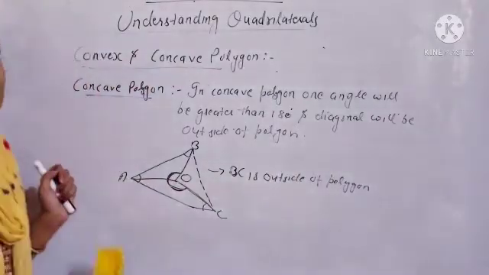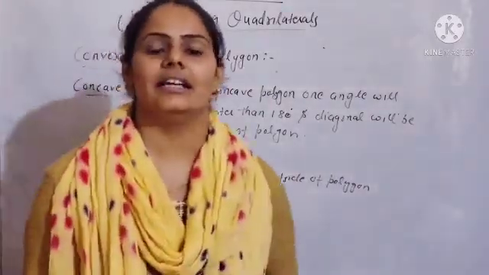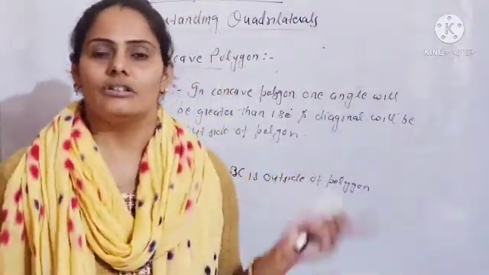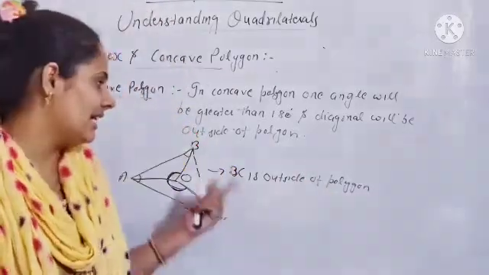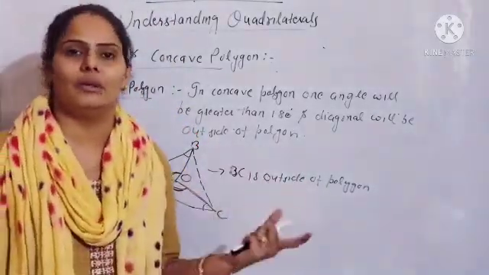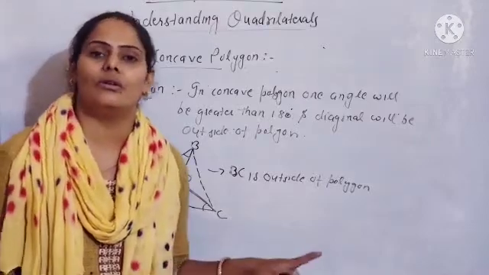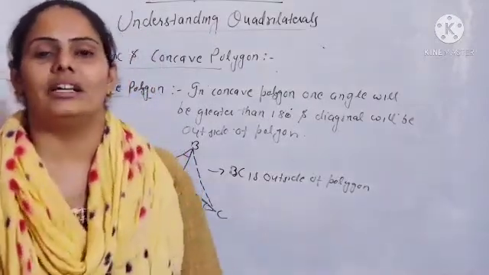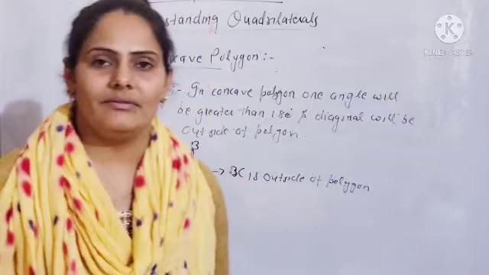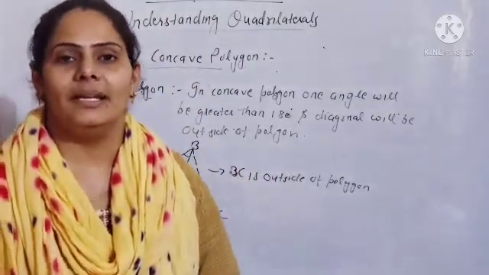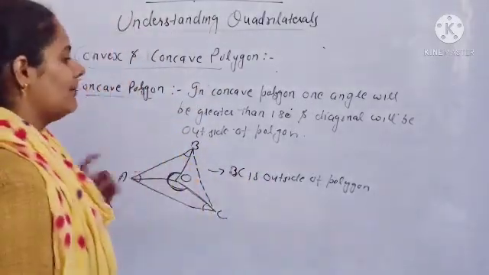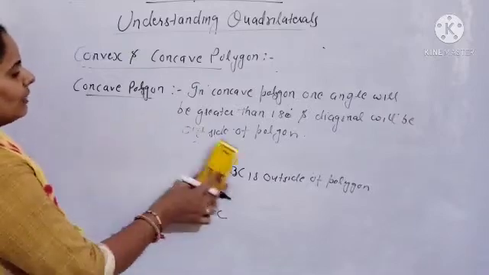So you can say if any one angle is greater than 180 in the polygon, it will be a concave polygon, and if any diagonal is outside of the polygon, it will always be a concave polygon, not a convex polygon. In a convex polygon all the angles will be less than 180 and all the diagonals will be inside of the polygon. Clear? So this type of diagram will be a concave polygon.